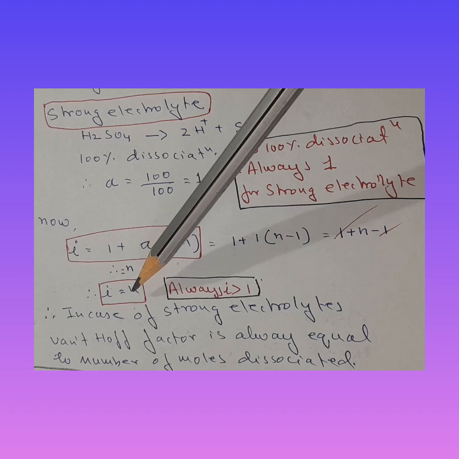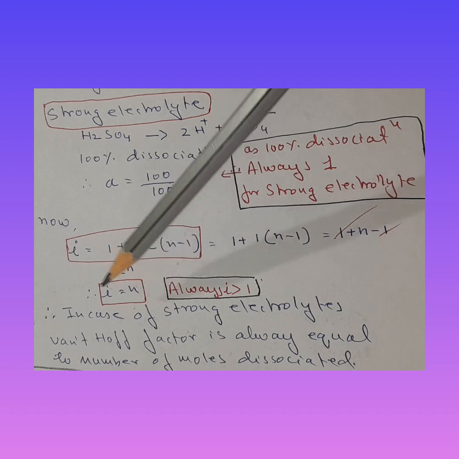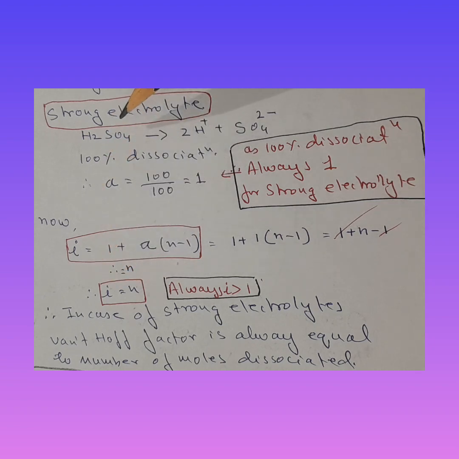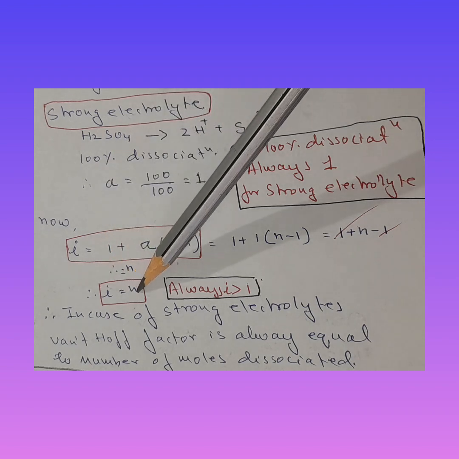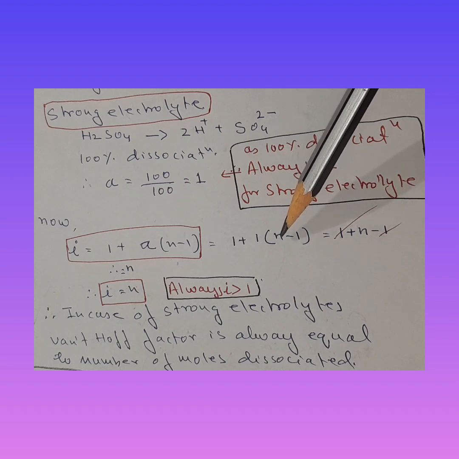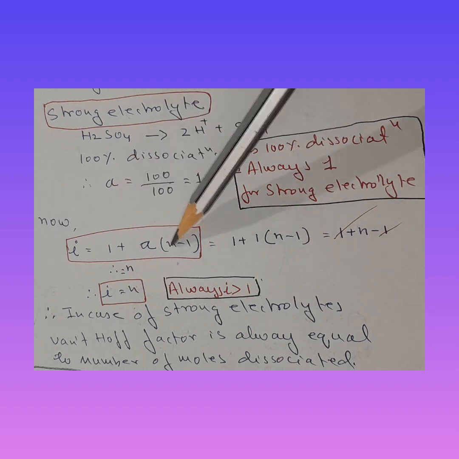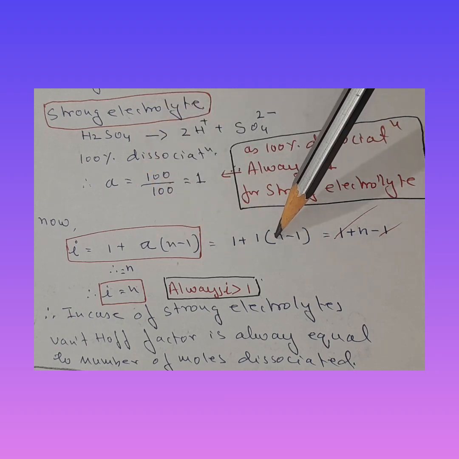So what do we gather from here? In case of a strong electrolyte, there's no need to do all this calculation. You just check the number of ions and put that. Now let's substitute the value and check it. I put n equal to 3.